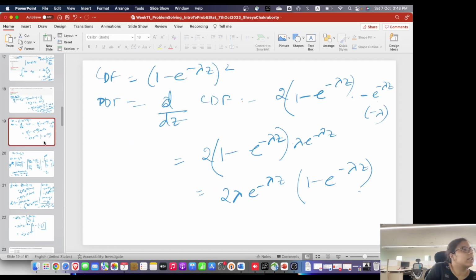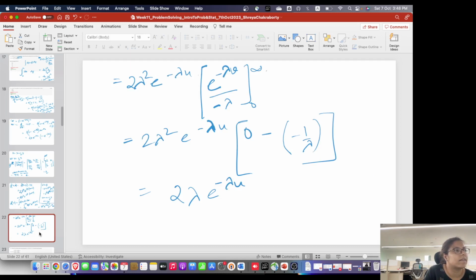Okay, so then the PDFs are not matching, because we should have some 1 minus e to the power minus lambda z.